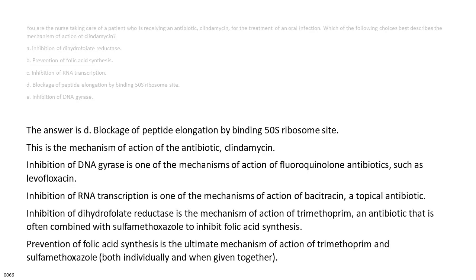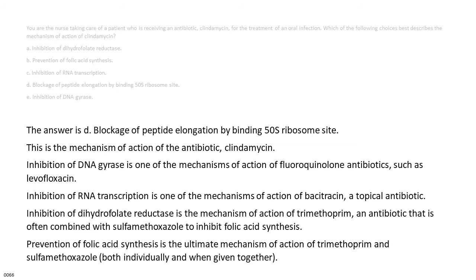The answer is D. Blockage of peptide elongation by binding 50S ribosome site. This is the mechanism of action of the antibiotic, clindamycin. Inhibition of DNA gyrase is one of the mechanisms of action of fluoroquinolone antibiotics, such as levofloxacin. Inhibition of RNA transcription is one of the mechanisms of action of bacitracin, a topical antibiotic.